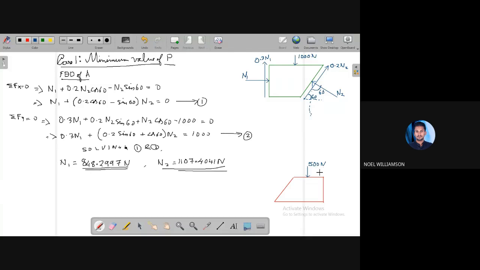Then the applied force P, which is to be found out. Then the friction at these two surfaces. Here the normal is N2 itself, so we directly give the name.